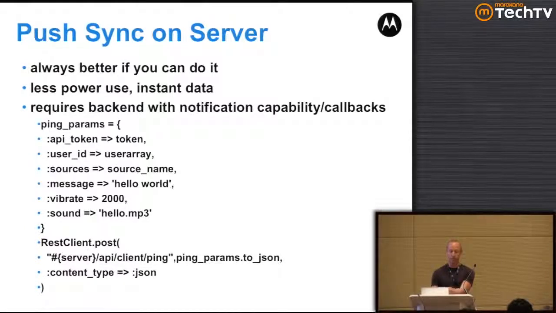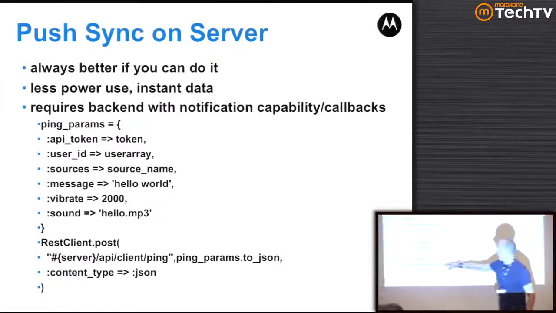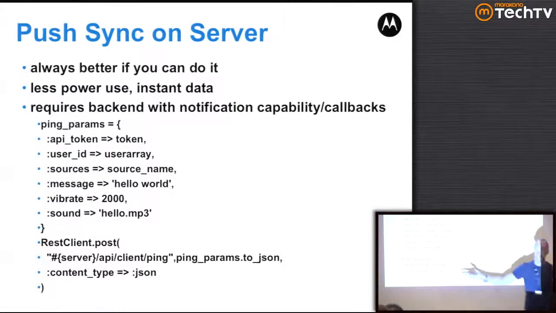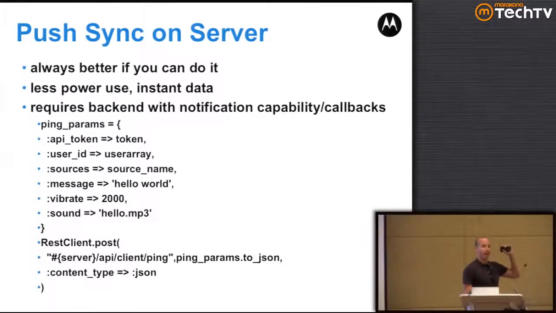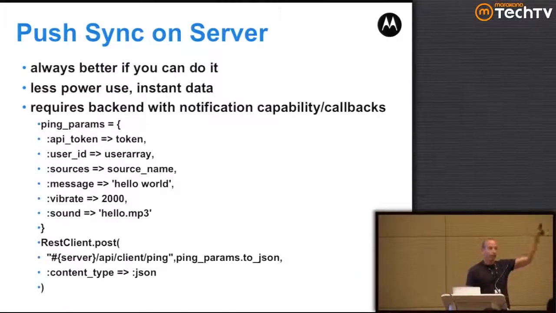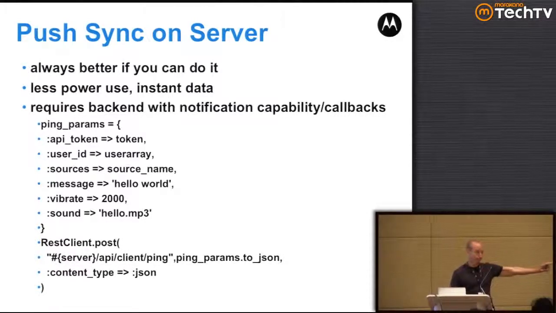So this is something you would call from your back end to call the server ping operations and give it these parameters, which tells RhoConnect to go and basically ping the client, which tells it to wake up and go grab data. So that's really what it all hinges on.